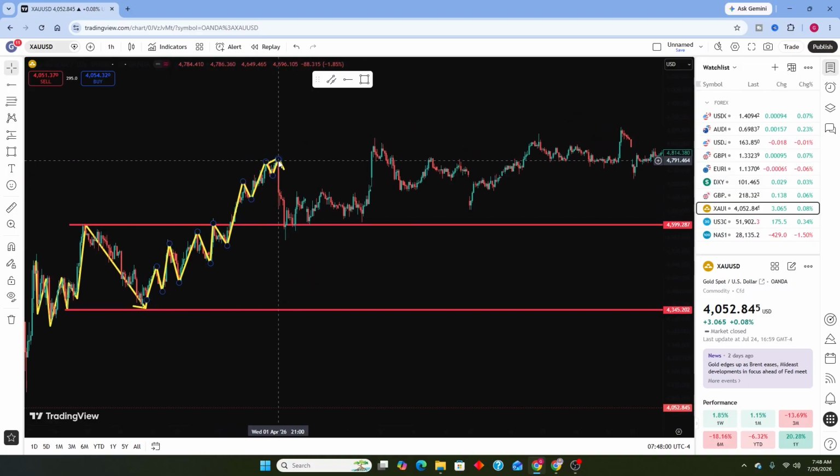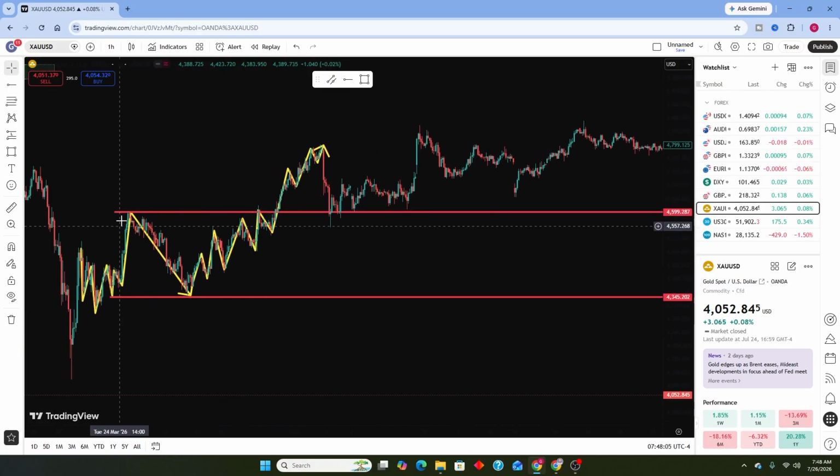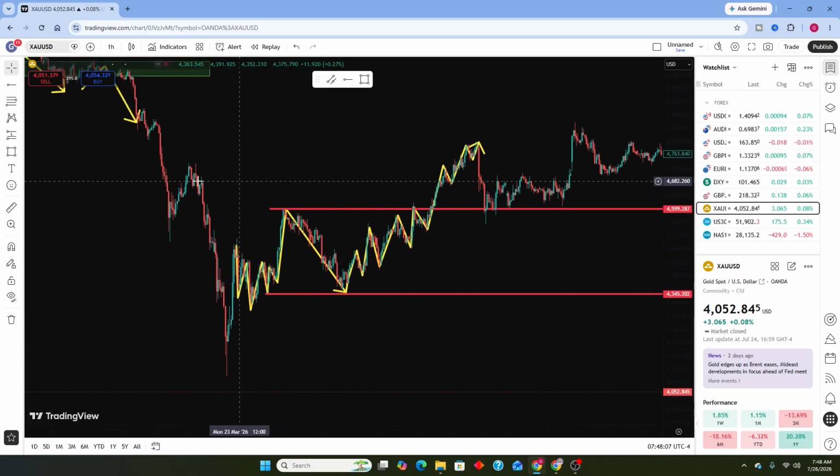Now, this is uptrend, ideal uptrend, market structure shift. We were coming down. If we want to show you what the down looks like, where my tulip is. Down, up.